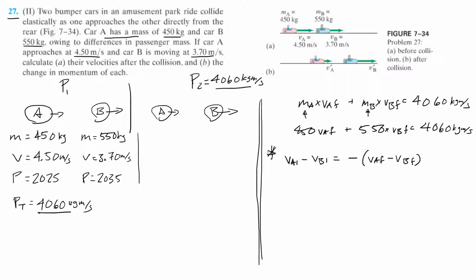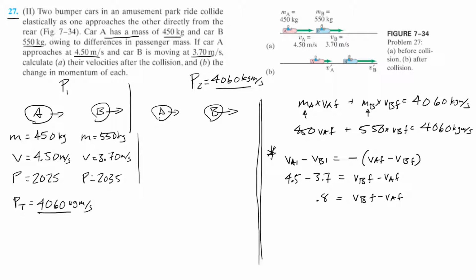We do know VA initial and VB initial, so 4.5 minus 3.7 is equal to, I like distributing the negative, so this becomes positive VBF minus VAF. I'm just trying to change the signs. If you do a little math here, this becomes 0.8 is equal to VBF minus VAF.